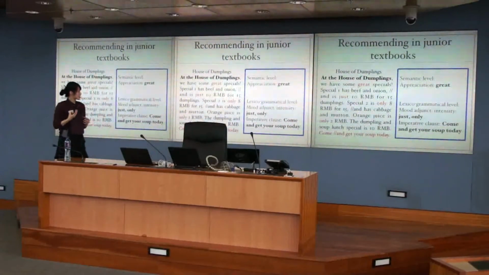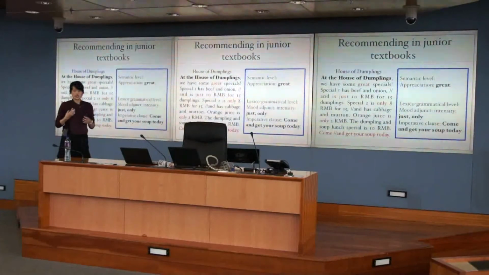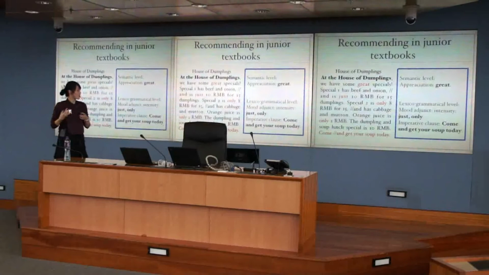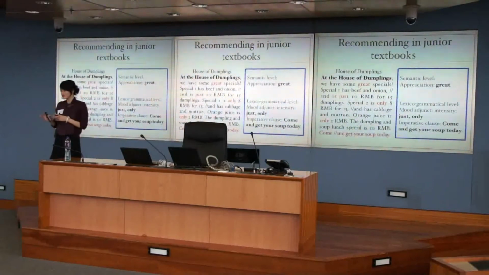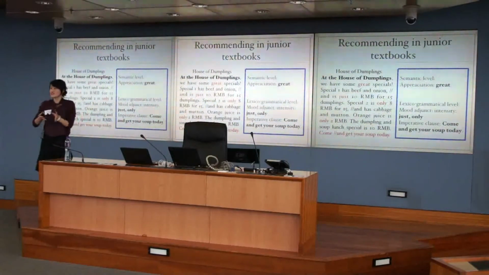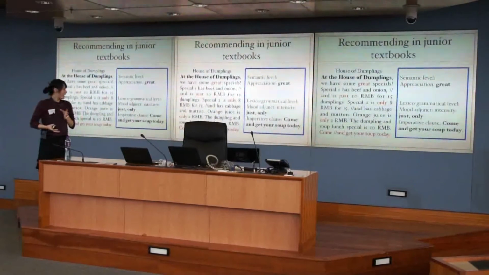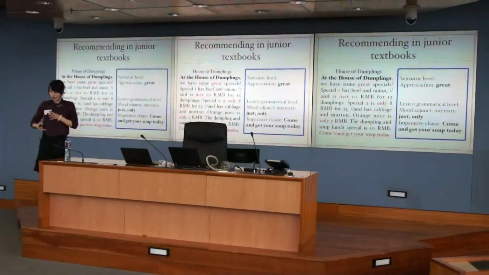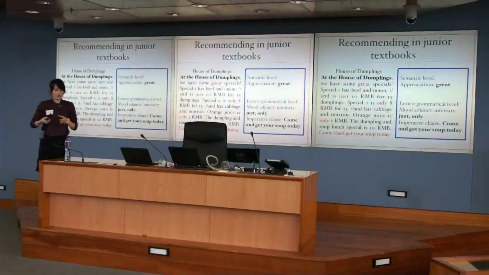An example would be, especially one has beef and onion and it's just 10 RMB for 15 dumplings, which is rich. Special 2 is only 8 RMB for 15, and orange juice is only 2 RMB. This is maybe a very old China thing, so it won't be happening now. So you can see they're using the mood adjunct to facilitate the intensity. And they're also using imperative clauses to ask for action.